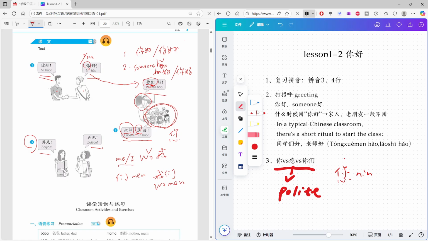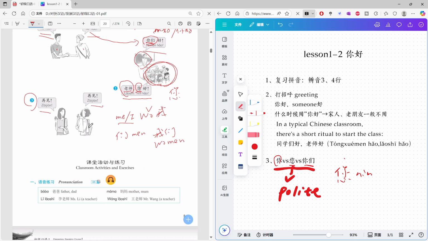Okay, I think now you can understand 你 and 您 and 你们, and what the differences are between them, and when to use 你, when to use 您, and when to use 你们.